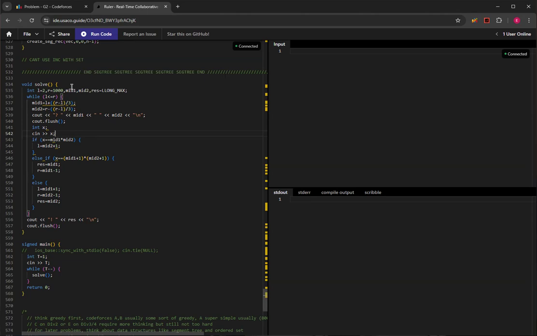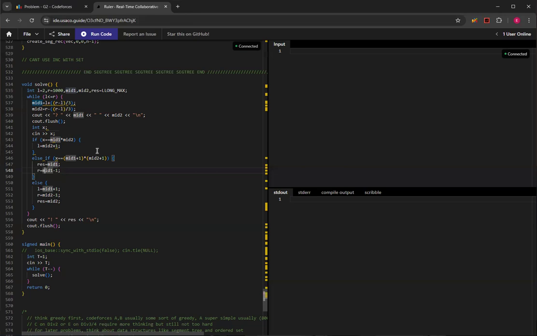That means that x will have to be lower than or equal to the current one. So that's why you set the result to be mid 1, and then you set R equal to mid 1 minus 1. And otherwise, you set L equal to mid 1 plus 1 and R equal to mid 2 minus 1, because then it'll be in the middle third, because that means the lower one worked, the higher one didn't work. And then you set the result to be mid 2.